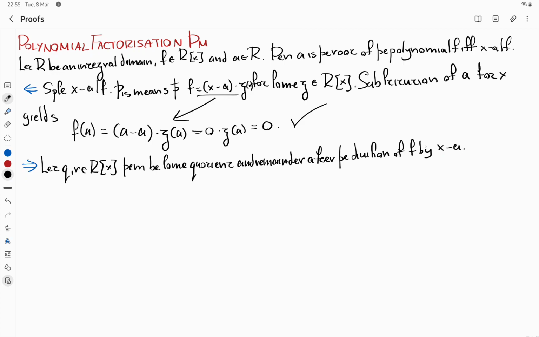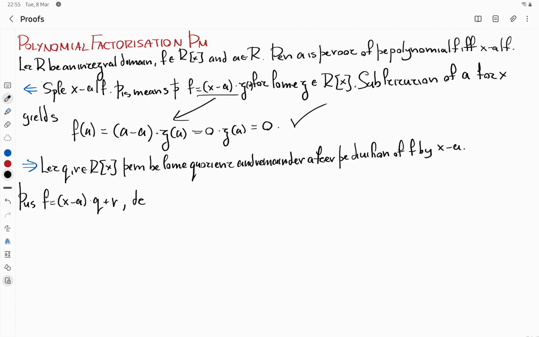Now observe that x minus a is a monic polynomial, and as such we don't need a field of fractions. Thus f is equal to (x minus a) times q plus r.